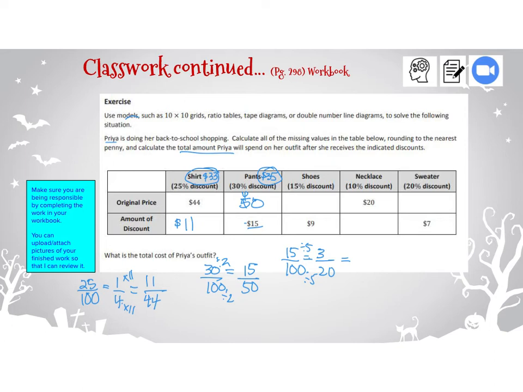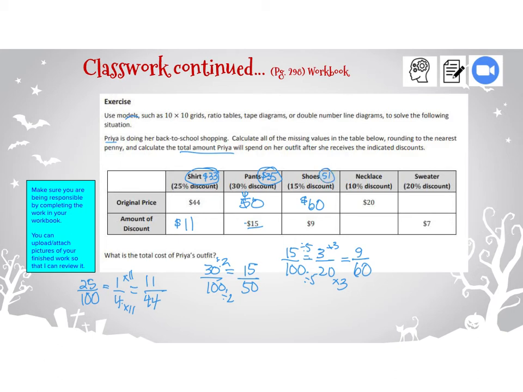The amount of the discount is 9, but I don't know the real price. So this is a times 3, this is a times 3, so then I get 60. So $60 is the original price of the shoes, but she's saving $9. So 60 take away 9 is going to give me $51. So that's for shoes.